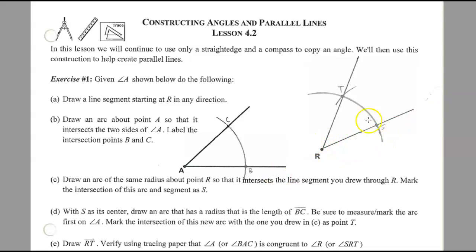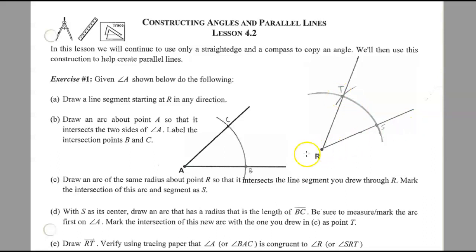And so that arc here is the same distance from R as this arc was from A. Right? That's why it's called a reference arc, because I'm trying to establish something that's going to be the same distance on both angles. So I've labeled that arc with an S, and I don't know where to draw it through at that point. Right? It's just an arc and a ray.